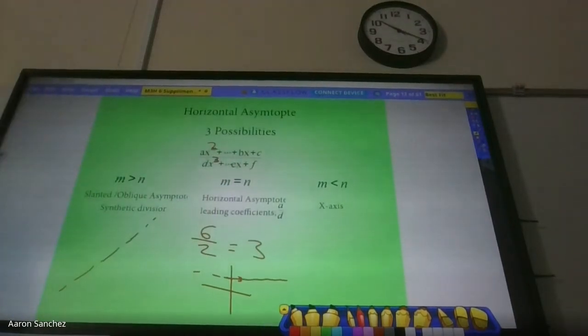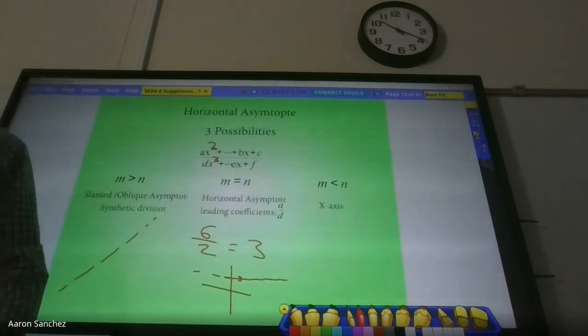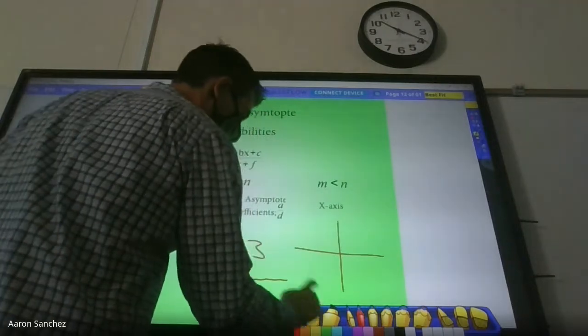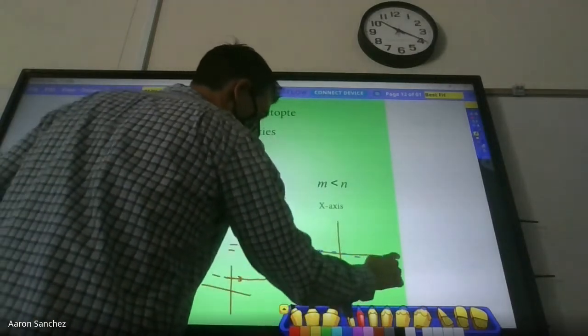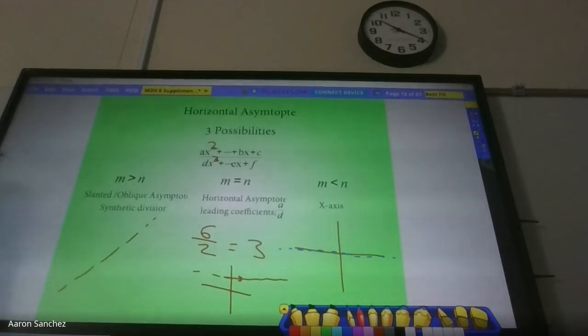This is the easiest one, I think. Well, then it'll be the x-axis, right? The horizontal asymptote will be right there. It'll be the x-axis. If this exponent is smaller than that exponent, then it'll be the x-axis.